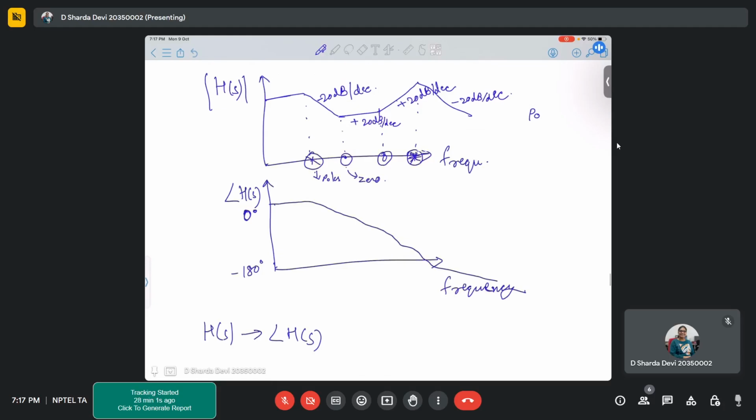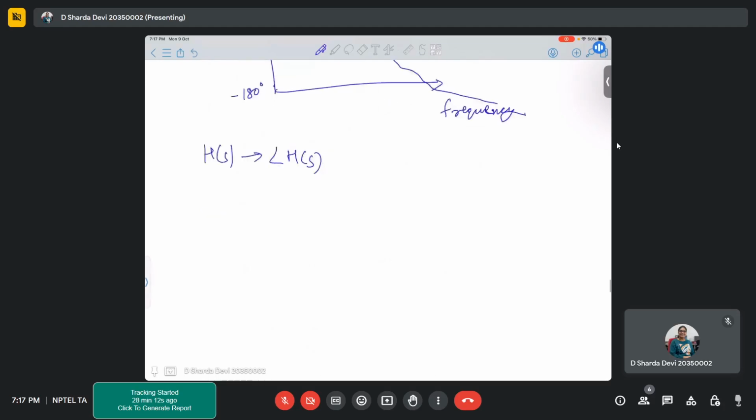So the idea, when I said phase margin, is that this is 0 dB, right? When we are talking about phase margin, let's say your H of s is somewhat like this, like a two pole system, so minus 40 dB per decade.